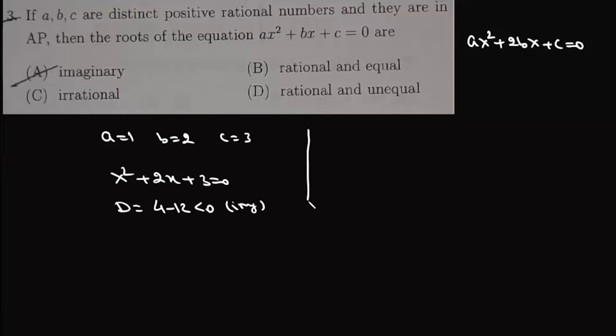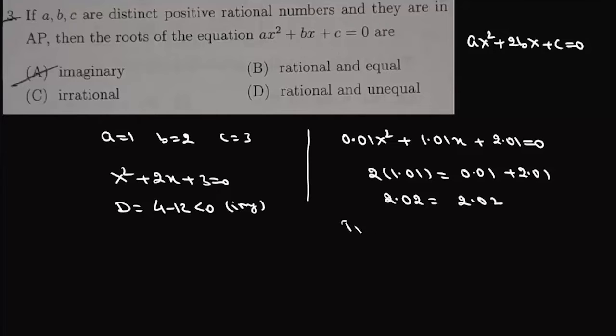And if I take a counter example where we take these coefficients as 0.01x square plus 1.01x plus 2.01 equals to 0, it is clear that numbers are in AP.